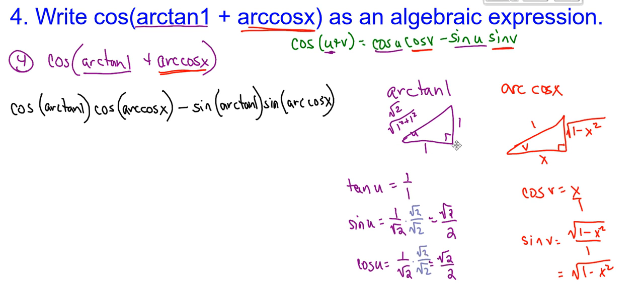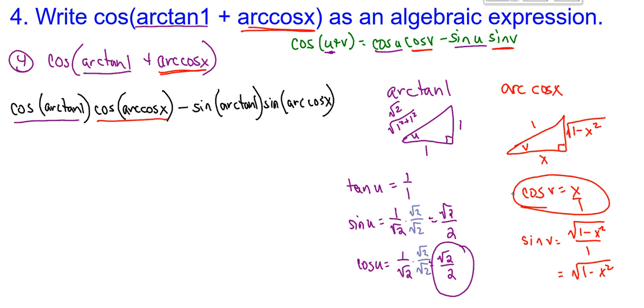Okay, so here we are, and now we've kind of figured each of these out. The cosine of the arctangent of 1 is just the square root of 2 over 2, so we're going to put that there. And the cosine of the arc cosine of x is just x over 1.